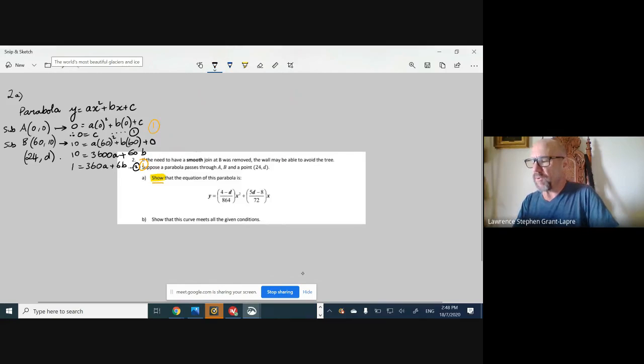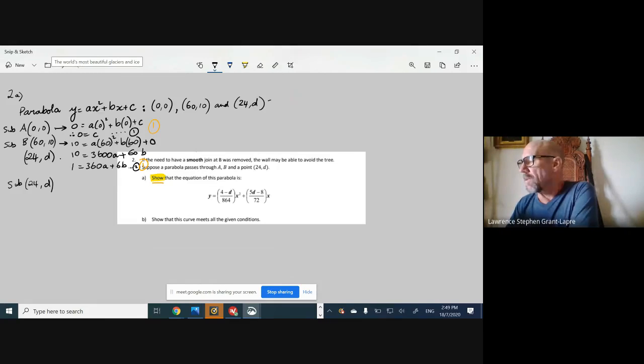Let's now talk about this point D, and I'll put down here, sub (24, D), and I might just put up here (0, 0), (60, 10), and (24, D) satisfies this parabola, because I just need to say why I'm using these points.